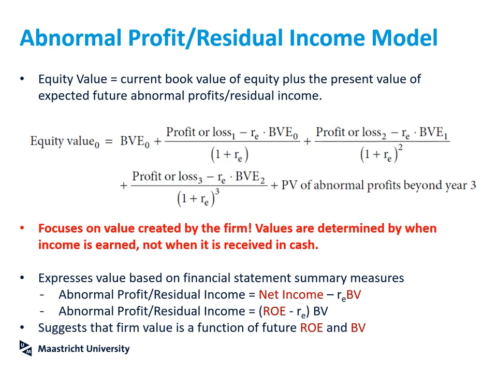If the company is just able to earn the normal return on the book value of equity, investors shouldn't be willing to pay more than this book value of equity for the firm. So investors will be willing to pay more than the book value of equity if the profits that this firm is generating on this book value of equity are abnormal.